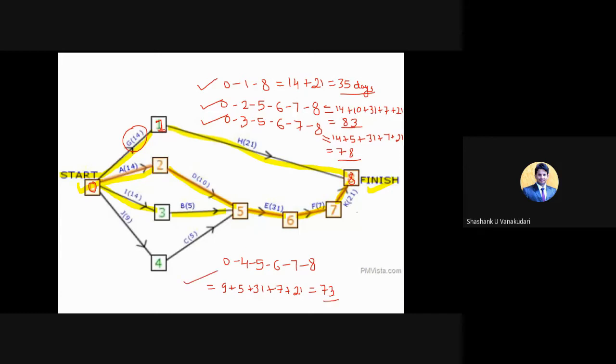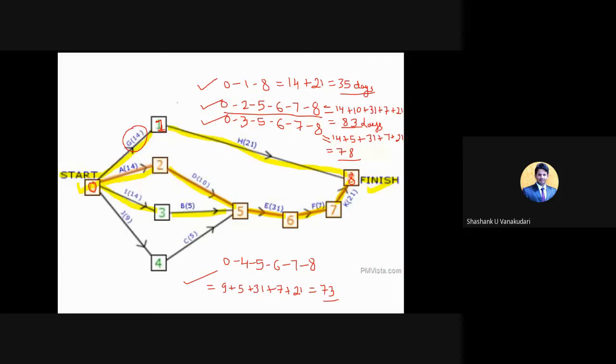So the maximum duration consumed by one path, which one is that? The second one, right? 0 to 2, 2 to 5, 5 to 6, 6 to 7, 7 to 8, which is going to carry 83 days. Correct? That one we can say is the critical path.